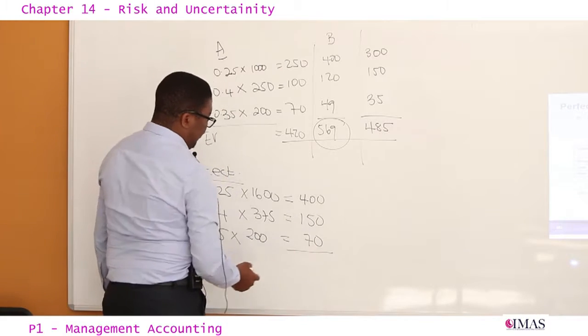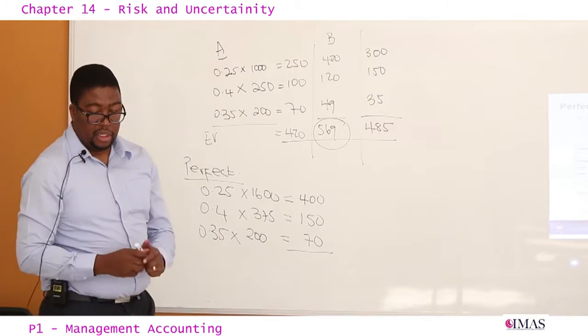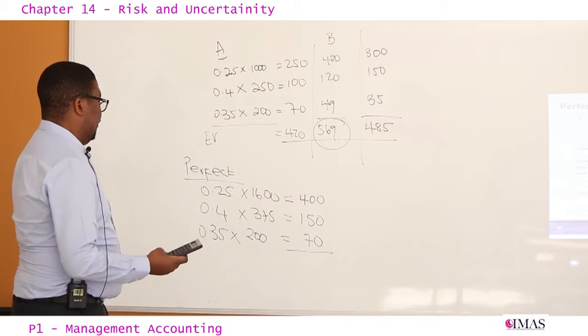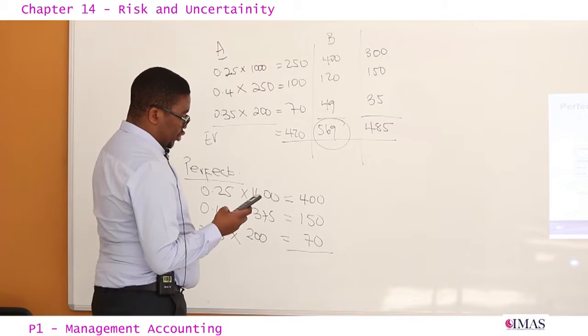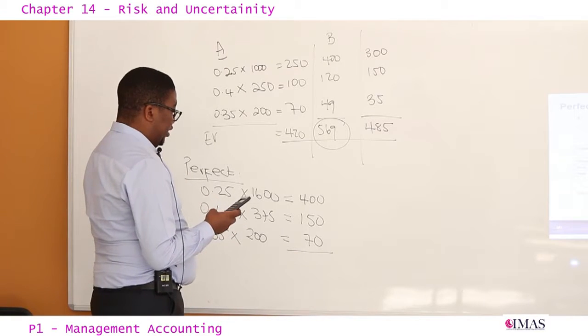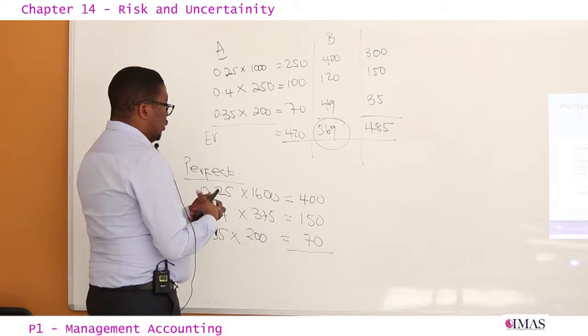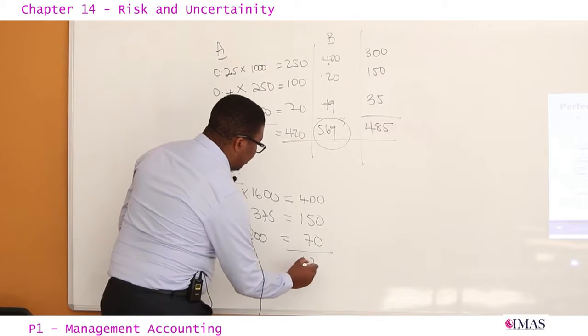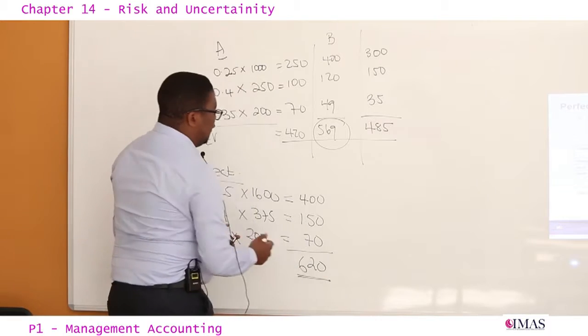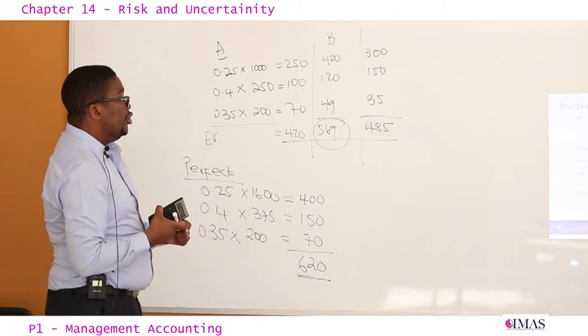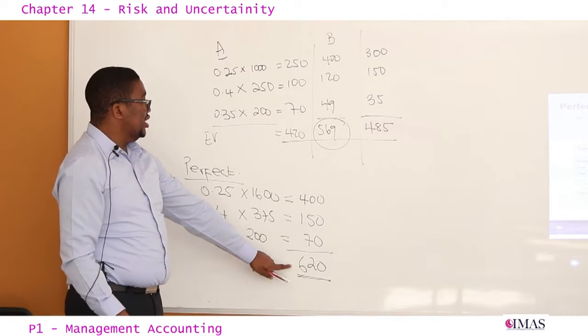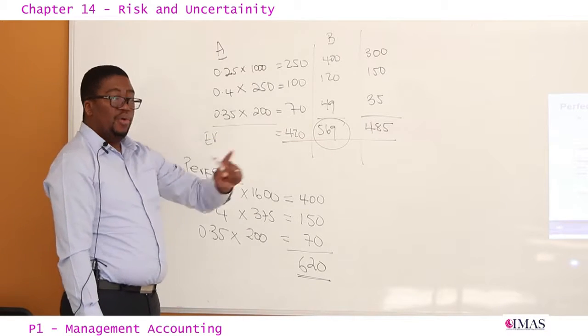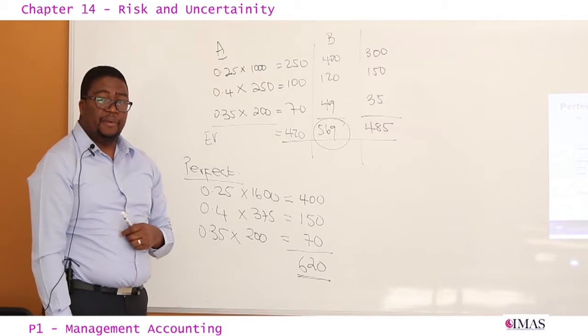Therefore you sum all of this. Therefore what do you have? 400 plus 150 plus 70. That now gives you 620. If you have perfect information, you would have made 620 versus 569 when you have imperfect information.